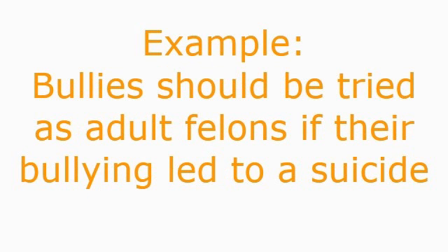A great example of this I saw was with this topic, which is a good topic. Bullies should be tried as adult felons if their bullying led to a suicide. Pretty specific thing, could be brought to the House of Representatives for consideration, and there's a lot of pros and cons to this idea. When I was first presented this by a student, they were telling me one of the worst things you could tell me.